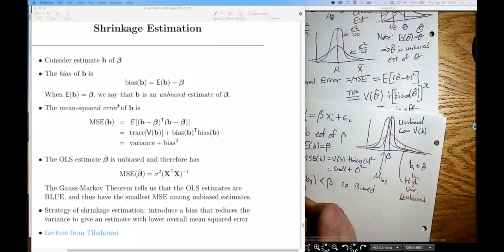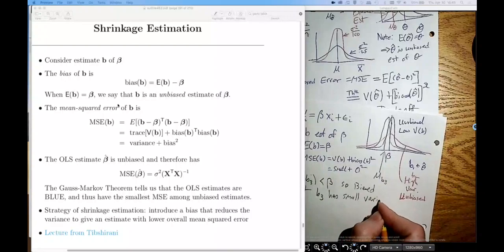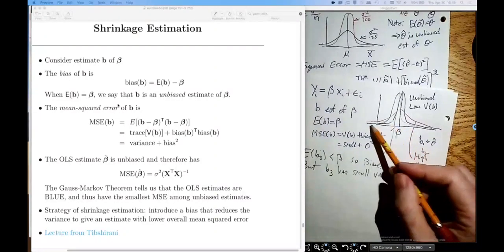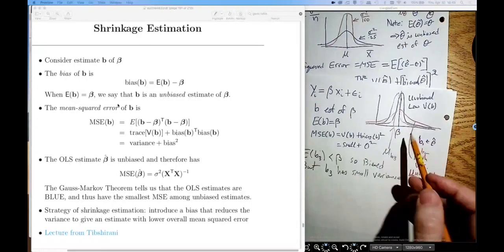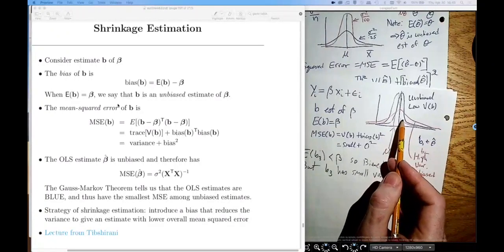But B3 has a small variance. So at this point, we probably prefer the B3 estimator, the pencil one, over the B2, the red one, because on the average, we're closer to the parameter with this pencil distribution than with the red distribution.